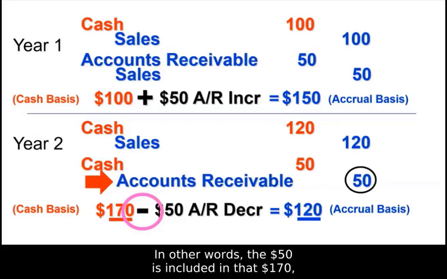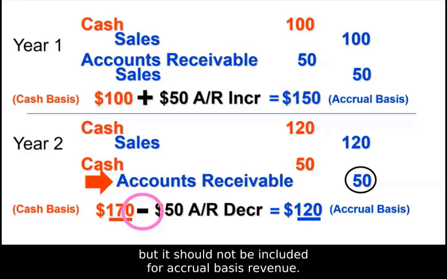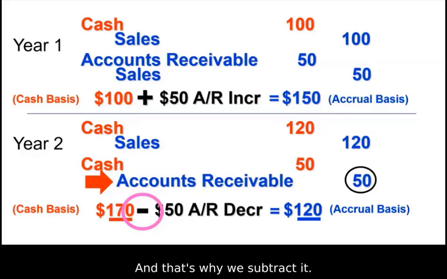In other words, the $50 is included in that $170, but it should not be included for accrual basis revenue, and that's why we subtract it.